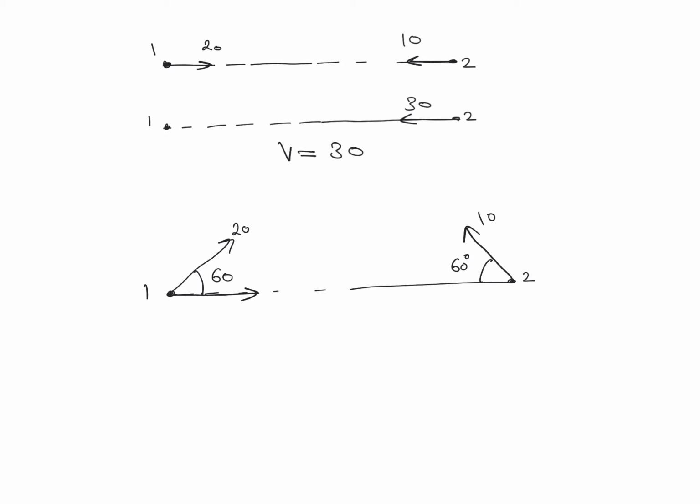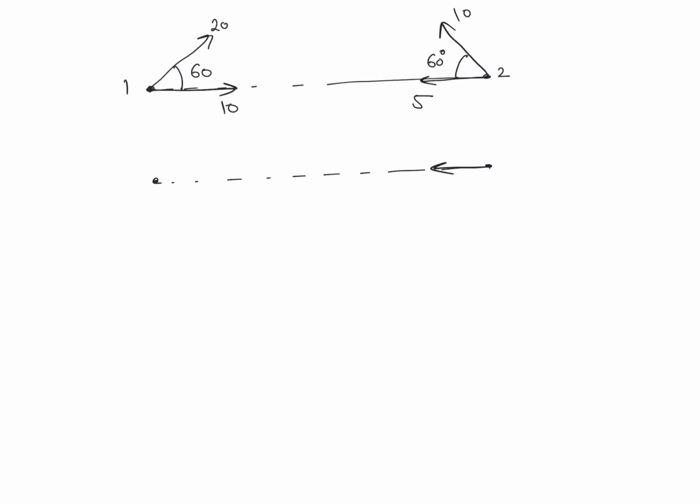This is 20 cos 60, that is 10, and this is 10 cos 60, that is nothing but 5. We need to observe the velocities along the line joining them. So along the line joining them, the relative velocity is 10 minus 5, that is equal to 15. So the relative velocity is 15 meter per second.